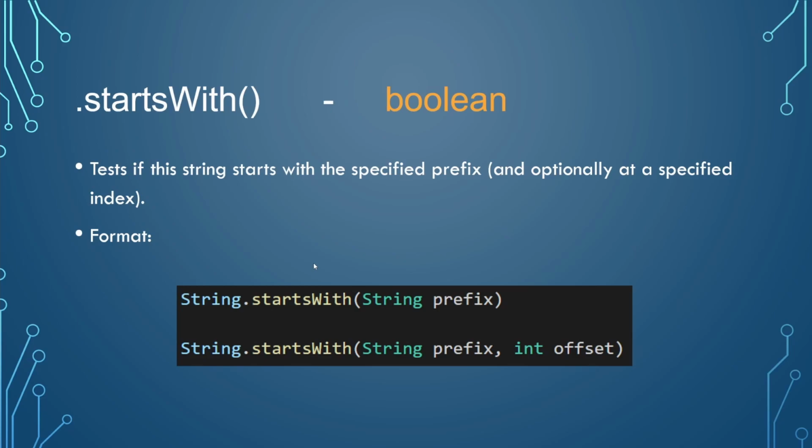But one thing about starts with is that alternatively we could offset the index value from which we search this string. So we can offset it by 1, and instead of checking the 0th index, we check the first index.